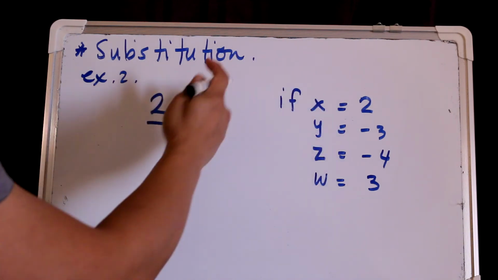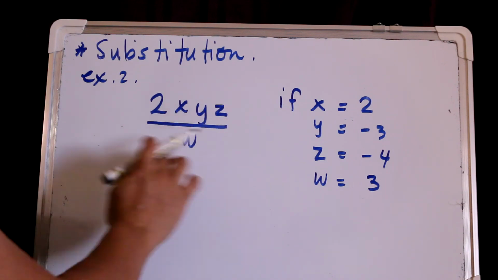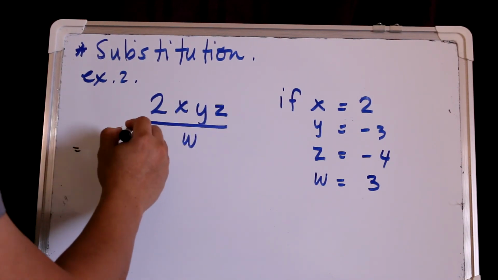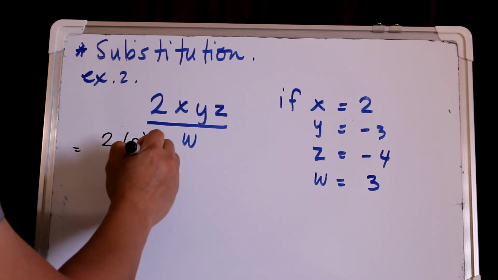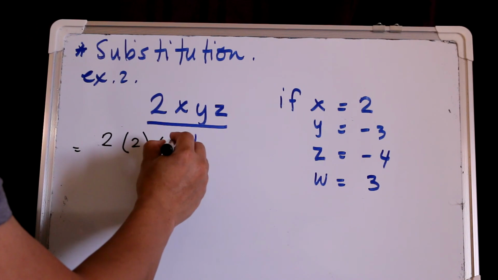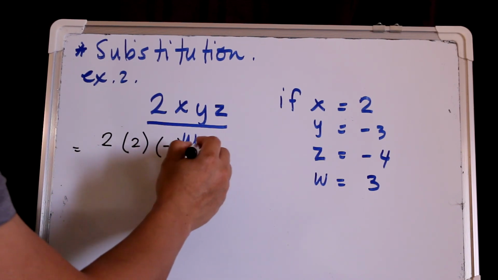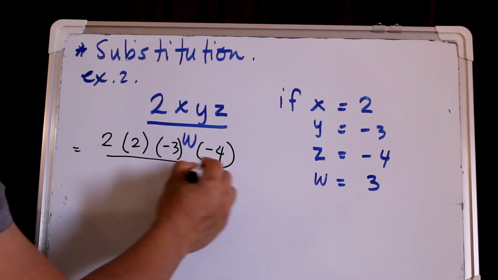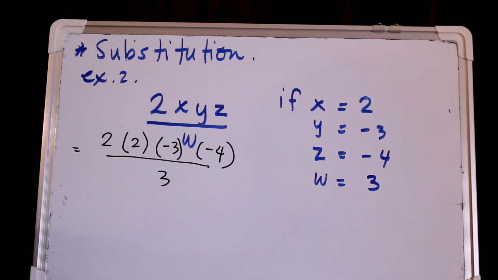We plug in those values to these letters, so we will have 2 times 2 times -3 times -4 divided by 3.